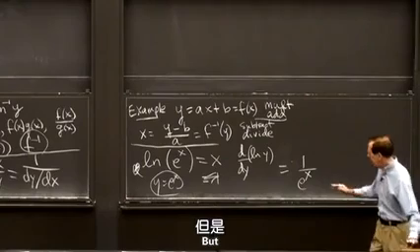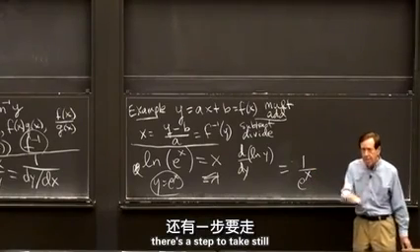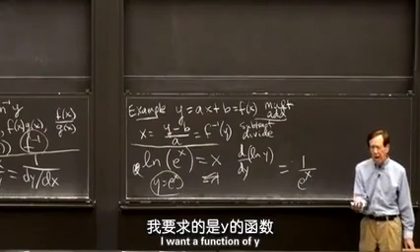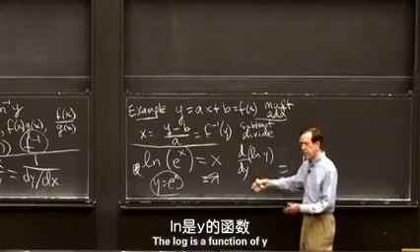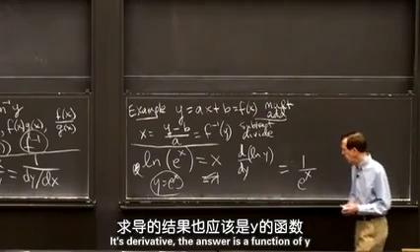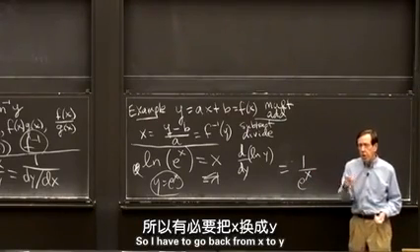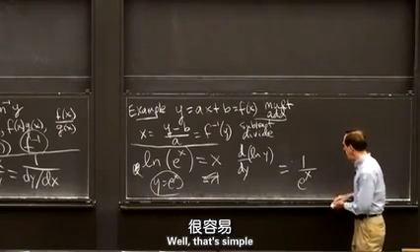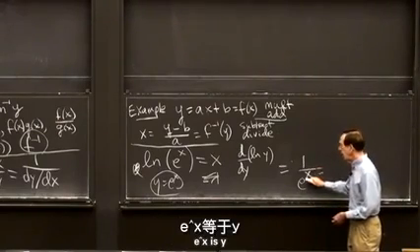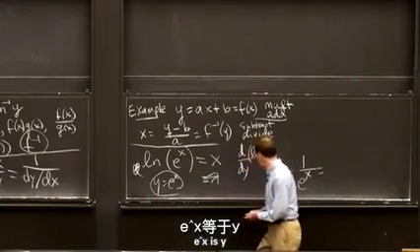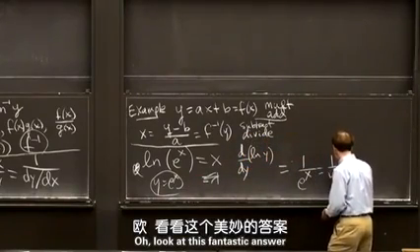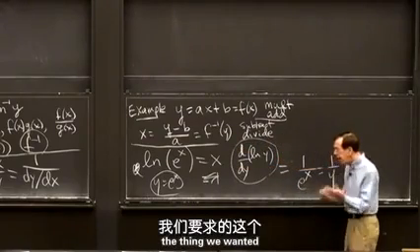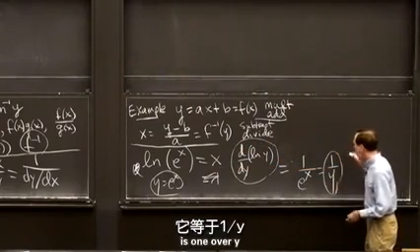Correct. But there's a step to take still. I want a function of y. The log is a function of y. Its derivative, the answer, is a function of y. So I have to go back from x to y. But that's simple. E to the x is y. Oh, look at this fantastic answer. The derivative of the log, the thing we wanted, is 1 over y.